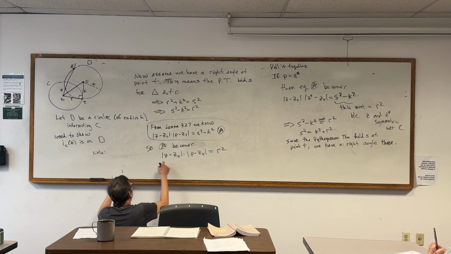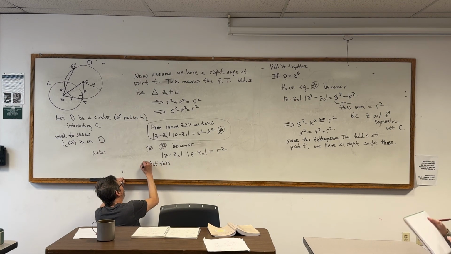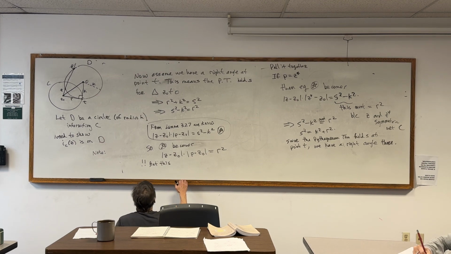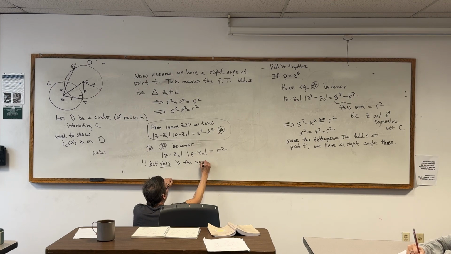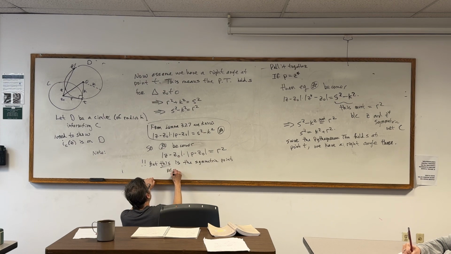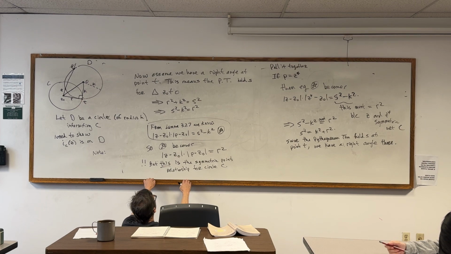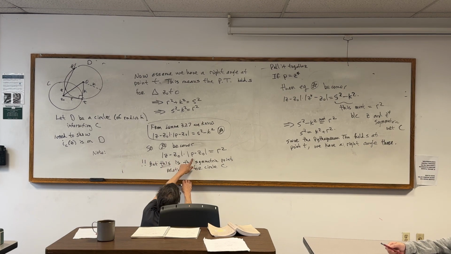So let's draw our picture out again. But this, and you got to add exclamation points because we're about done, this is the symmetric point relationship for circle C. The inversion relationship for circle C. And the only point that P could be is Z star at this point.